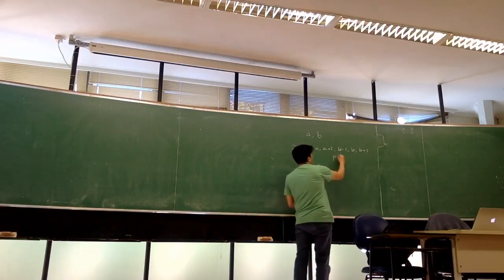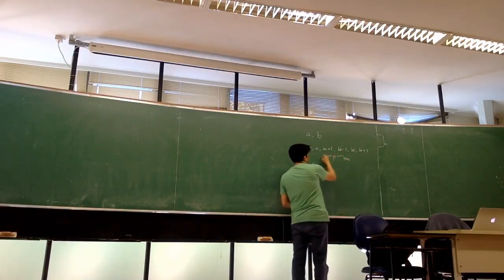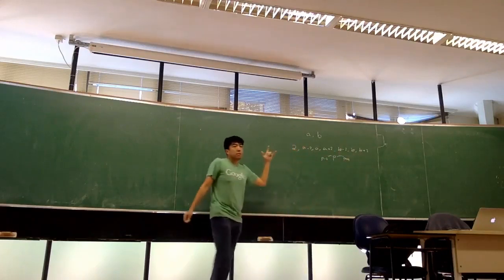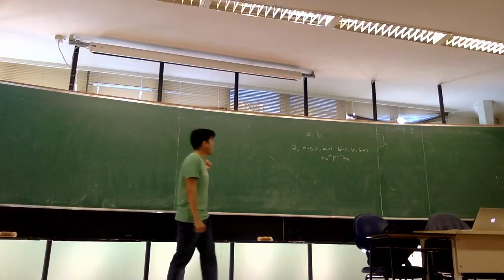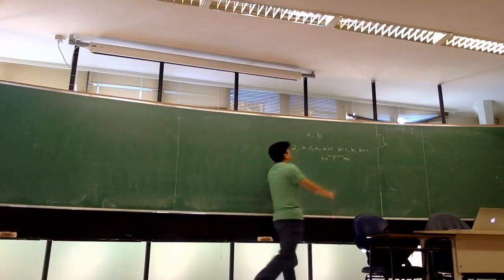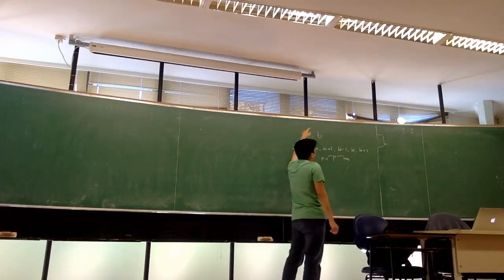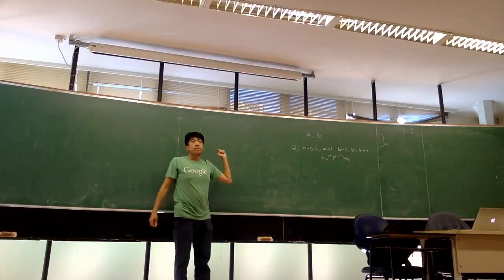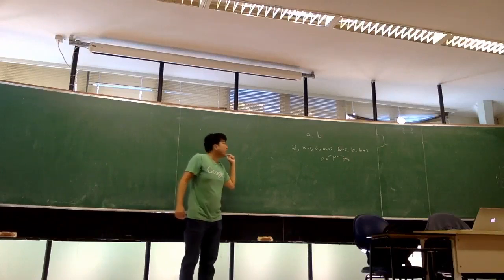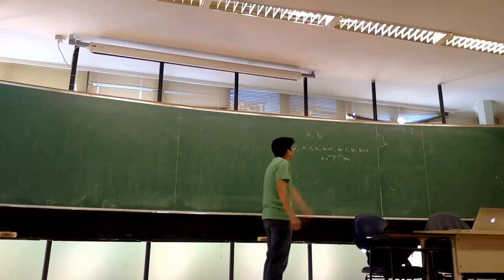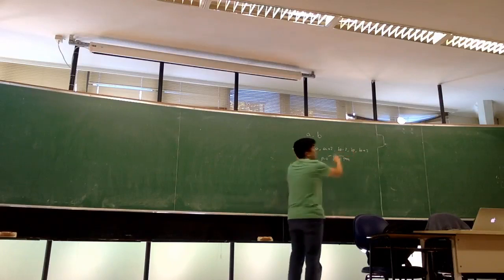From this guy, you can only go to P plus 2 or P minus 2, and you can't go much further because of the same argument. One of them will be a multiple of 3. Right. So if P is neither of these numbers, then you cannot reach B from P without going to 2 again. Okay. So it is never optimal to reach some prime P from 2 if P doesn't belong to this set.